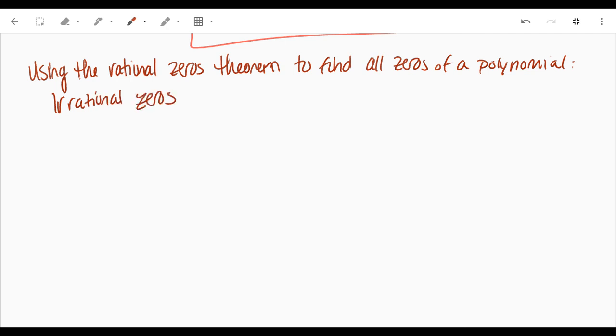Okay, so in this example, we have h of x equals 3x to the 4th plus 8x cubed plus 2x squared minus 5x minus 2. And we are told that it has at least one rational zero. Okay, so we're going to find the other ones.